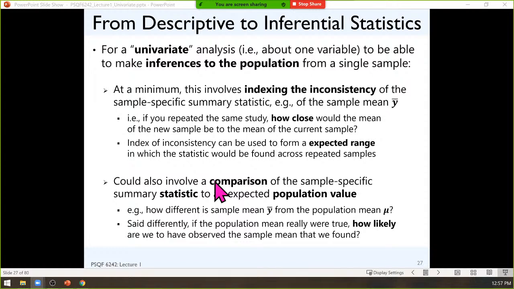We not only have to know what the summary values are for statistics. So statistics are sample specific quantities like mean, like standard deviation, like skewness. Any number that you can calculate to describe a variable is a statistic within a sample. We have to know how inconsistent that statistic would be expected to be across repeated samples.